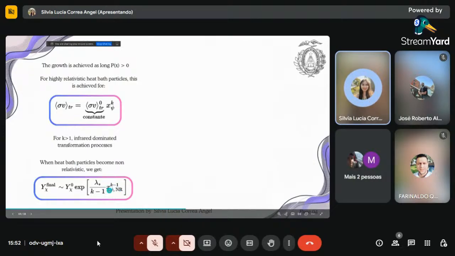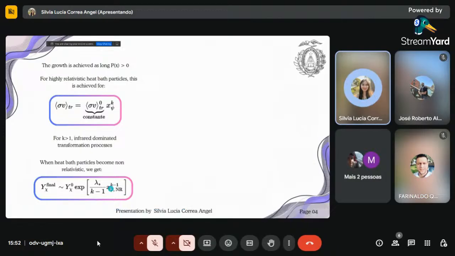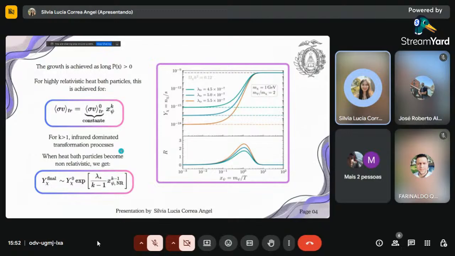Here is a kind of time that is given by the mass over the temperature. And here this sigma, I just forgot what it was, but basically it's a coupling between the dark matter particles and the thermal bath.